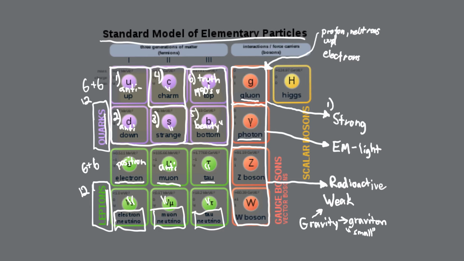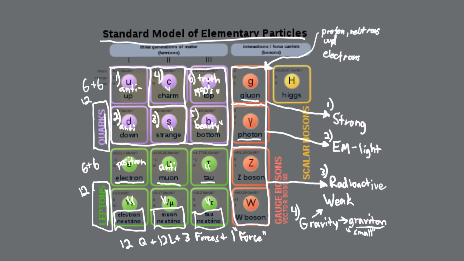So the strong force is the strongest, second strongest is electromagnetic, third is the radioactive or weak force, and then we have gravity. So this is almost our complete model. We've got 12 quarks, plus 12 leptons, plus 3 forces, and then plus 1 force that's theoretical, so we'll put that in quotation marks just because we haven't found the graviton yet.